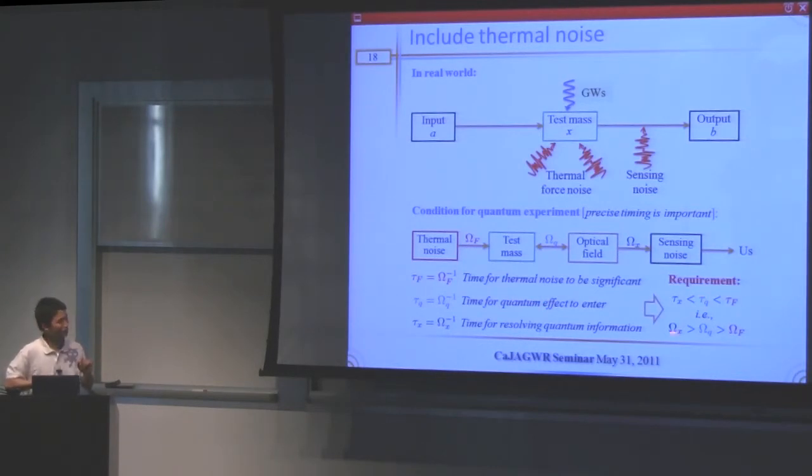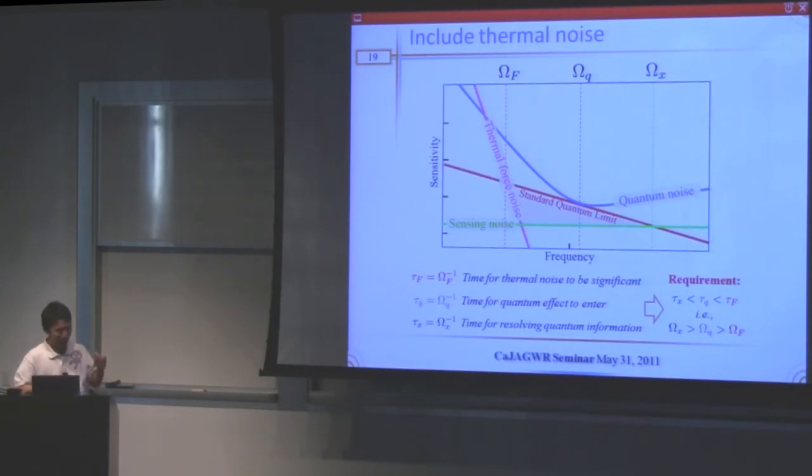Then in terms of frequency, you basically have the reversed direction. Now, this is the noise spectrum. Then you can understand the meaning of omega f, omega q and omega x. Here, omega x is where the sensing noise crosses the standard quantum limit, omega q is where the quantum noise touches the standard quantum limit, and omega f is the frequency where the thermal force touches the standard quantum limit.